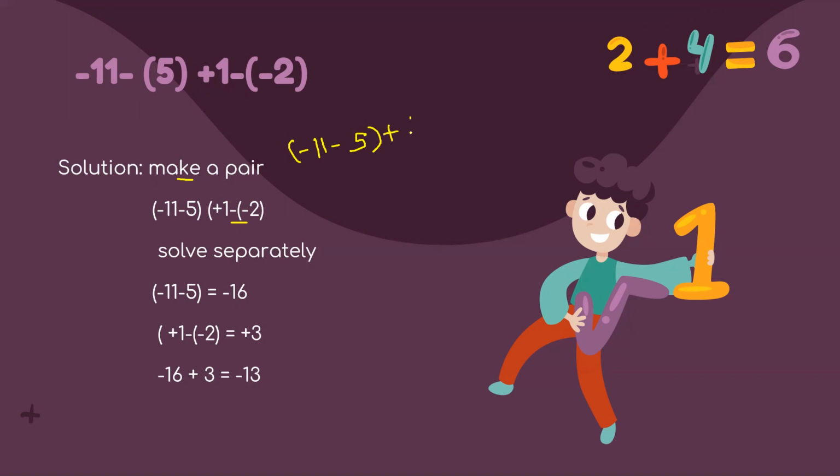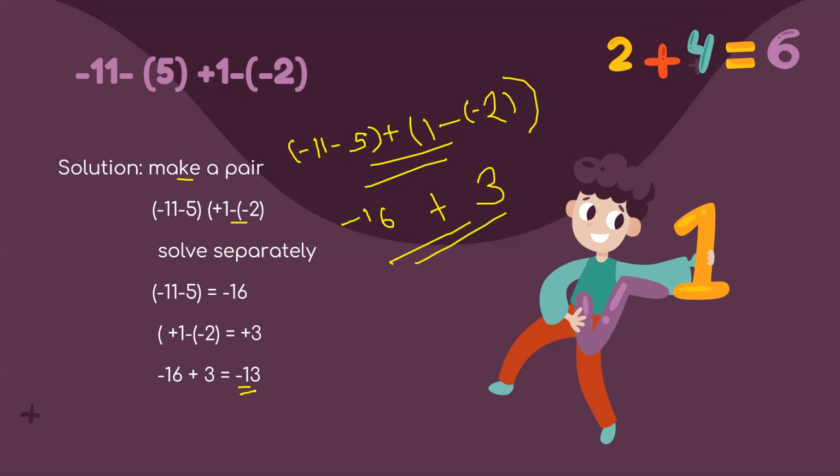So you need to make this plus sign mandatory. Like this you have to solve this. When you solve this you will get 3 here and minus 16 here, and this plus sign will come. So this will give you nothing but minus 13.